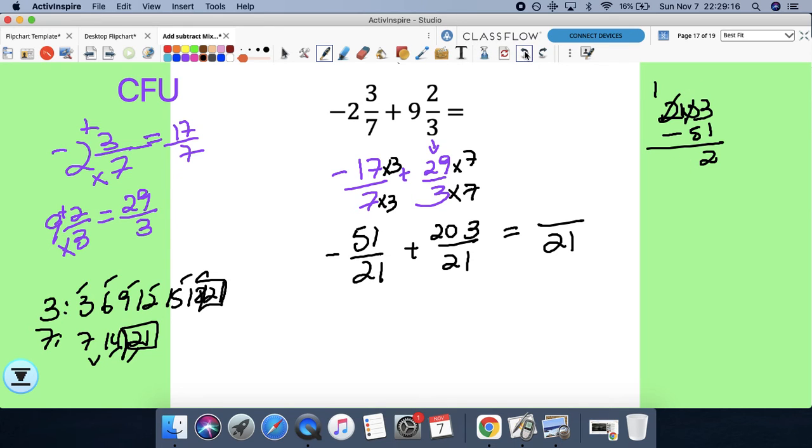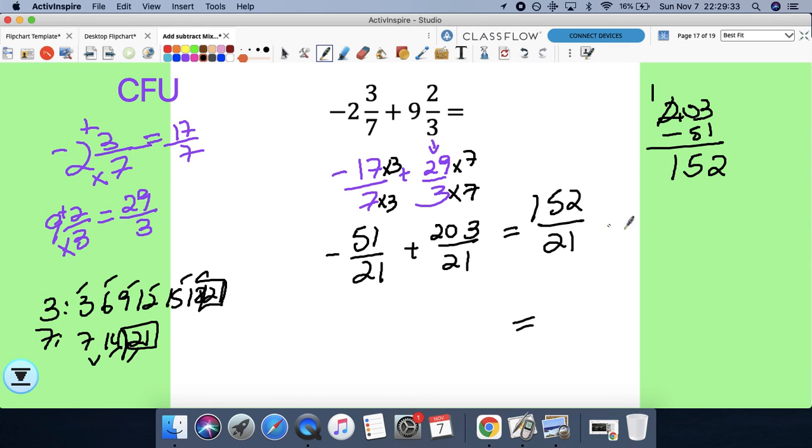I have to borrow. Sorry, my mistake. So 3 minus 1 is 2. Now I have to borrow. That becomes a 1. That becomes a 10. 10 minus 5 is 5 and 1. So it's 152 over 21.